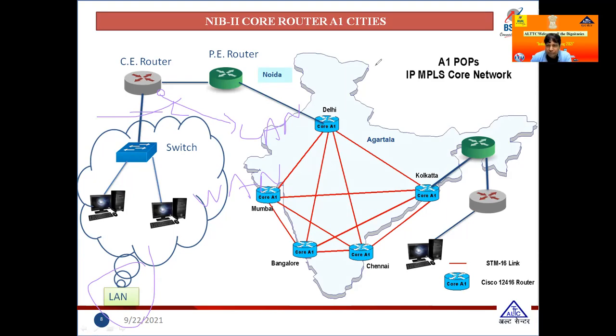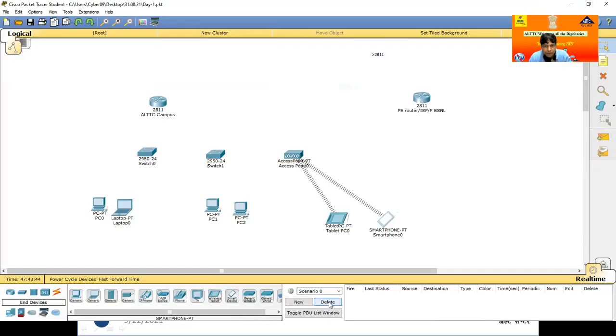Okay, so now I come back to my Packet Tracer software. This is the selection of devices. Now the next question is how to connect these devices. So my next device is the LAN cable.